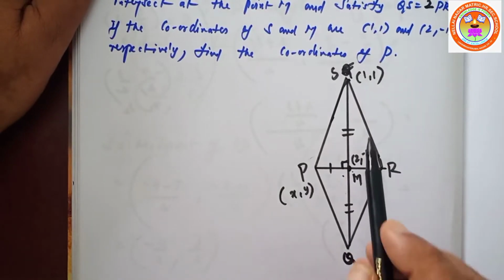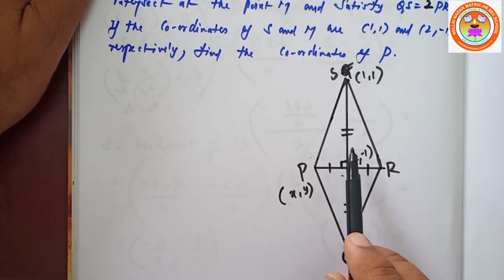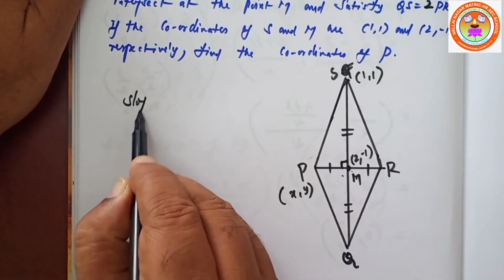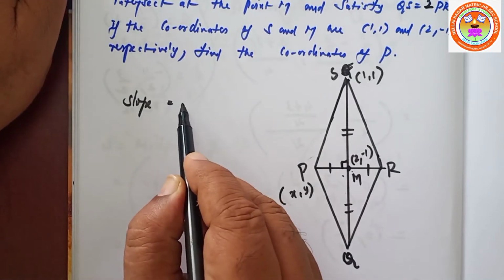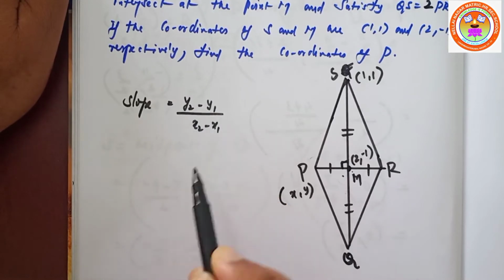So in this diagram, SM and PM are perpendicular. If two lines are perpendicular, we know very well, the product of their slopes equals -1. You can apply the slope formula, (y2 minus y1) divided by (x2 minus x1).